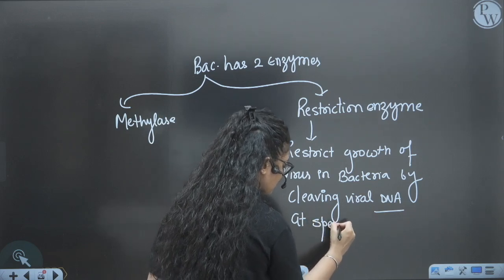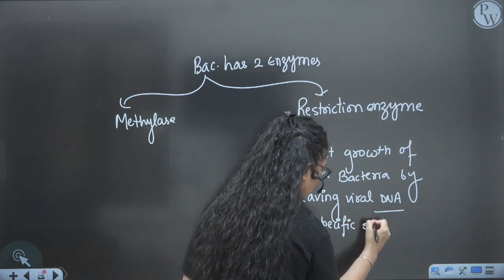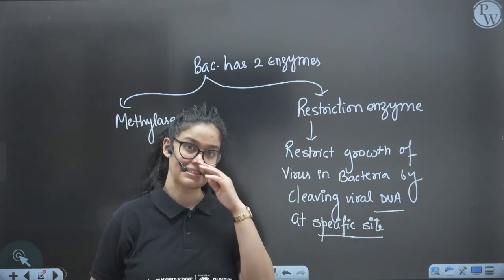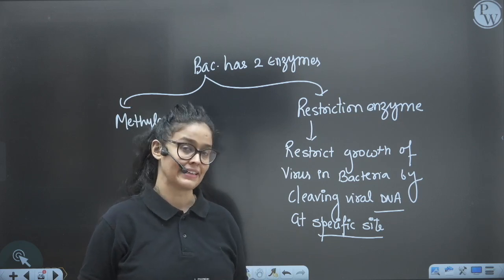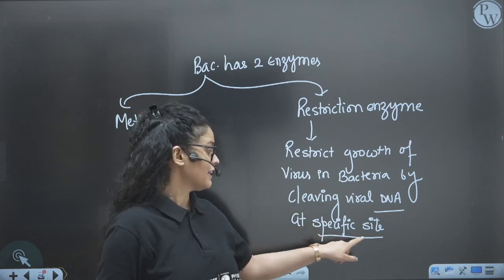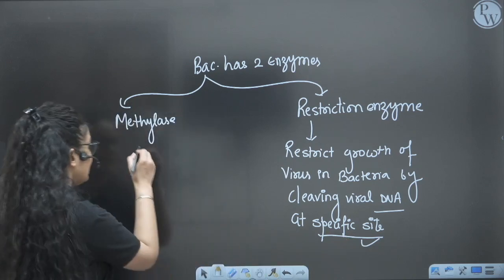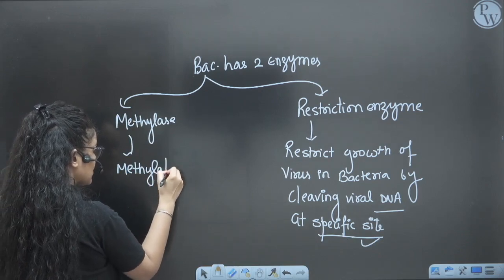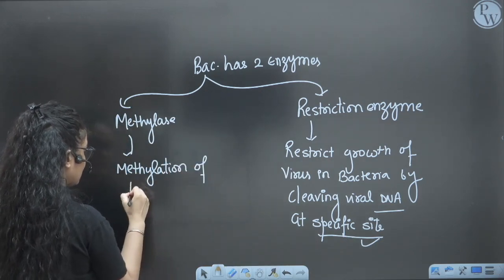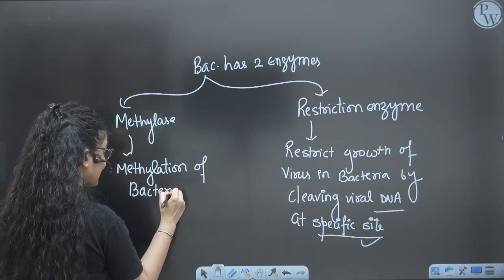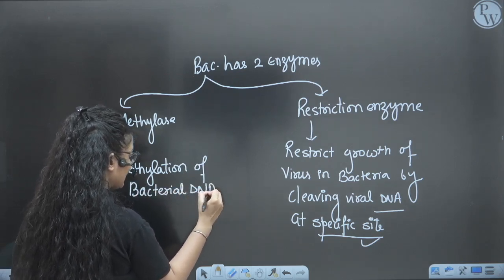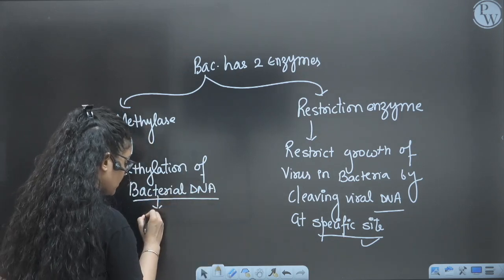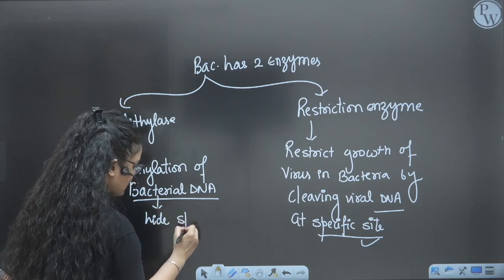This restriction enzyme recognizes only a specific site, which is also known as a palindromic sequence or recognition sequence. There only can it cut the DNA. They just recognize some specific part. So they found this in the bacteria. And methylase will do the methylation of bacterial DNA, so that bacterial DNA can protect itself, right? Are you getting it? So it will hide the specific site.